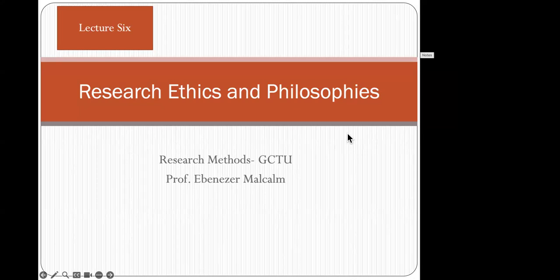Then there are also issues we discuss about ethics in research. For example, you cannot coerce or force anybody to be part of research. If you do that, you are infringing on the rights of that respondent or participant. So you have to know.